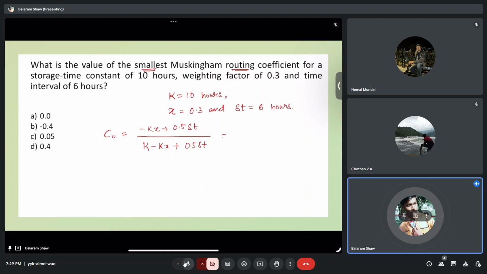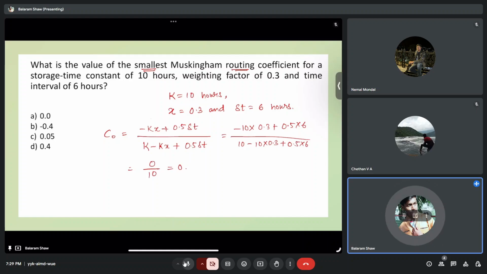So just put the values. K is 10 hours, X is 0.3, so minus 10 into 0.3 plus 0.5 into 6, divided by 10 minus 10 into 0.3 plus 0.5 into 6, that is equal to, it will come as 0 by 10, that is 0.